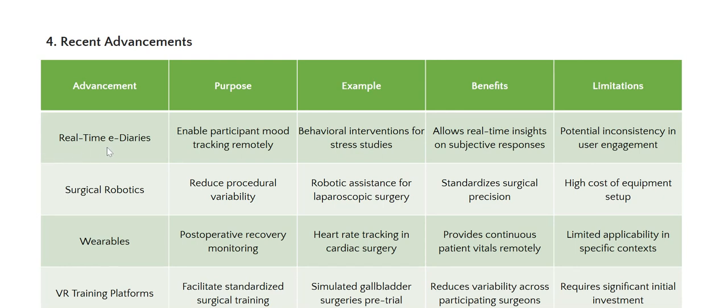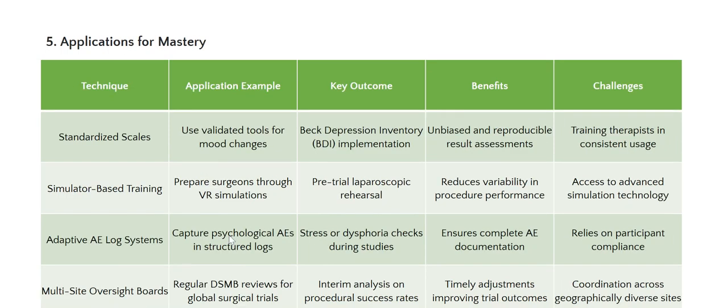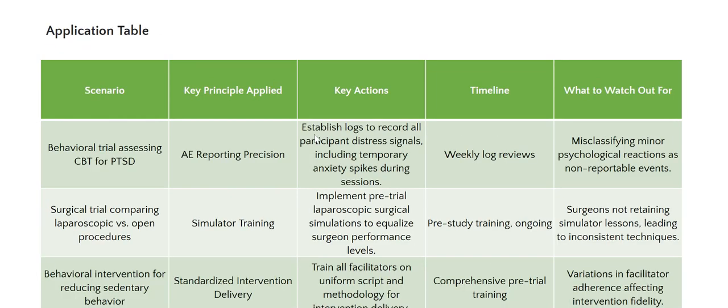Advancements, we have real-time e-diaries, electronic diaries, surgical robotics, wearables, virtual reality, VR training platforms, psychotherapy apps. Another table on applications for mastery technique: application, example, key outcome, benefits, challenges. As techniques, we have standardized skills, simulator-based training, adaptive AE, adverse event, log systems, multi-site oversight boards, advanced participant onboarding.